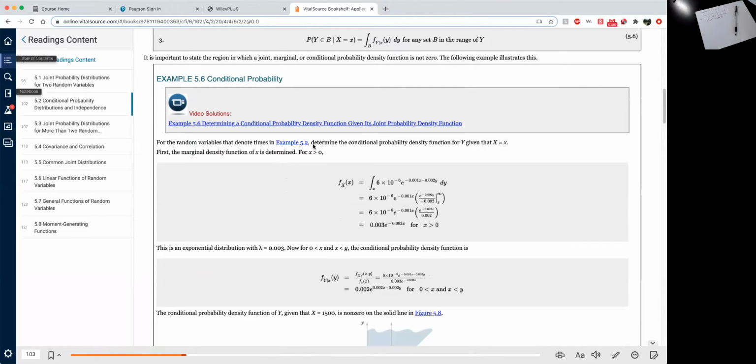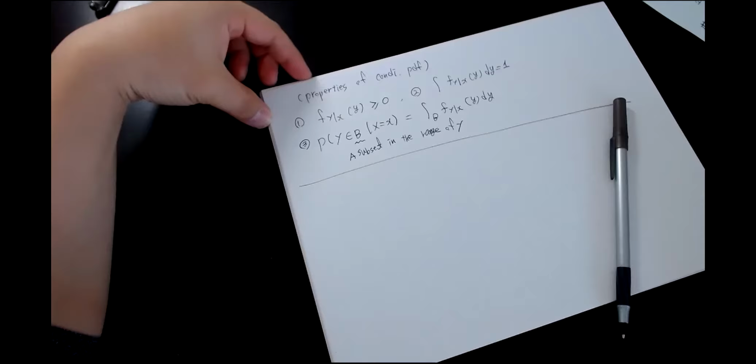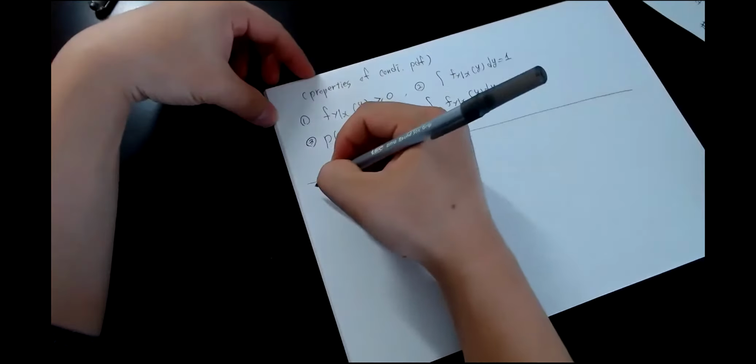Determine the conditional probability density function for Y given that X is lowercase x. So first, let's go back to here.